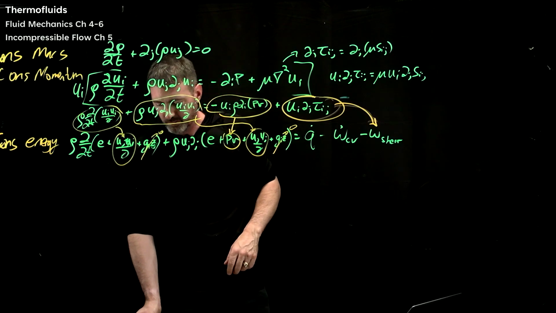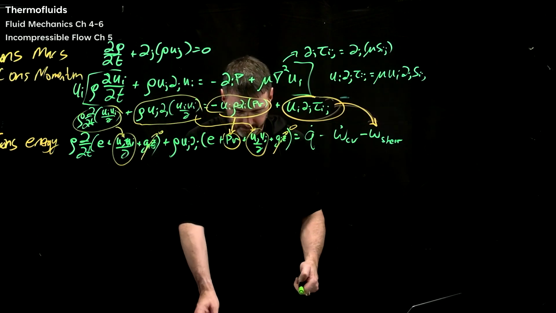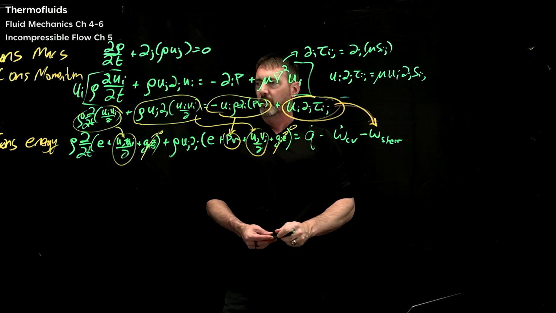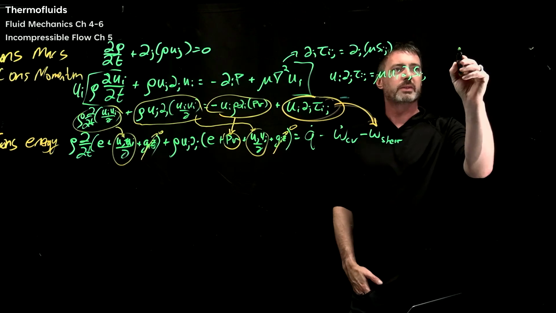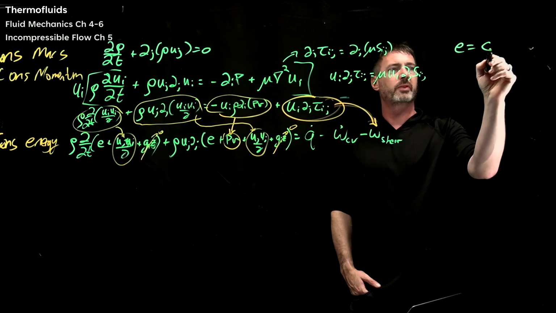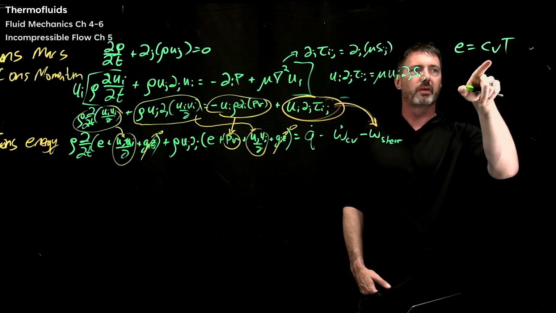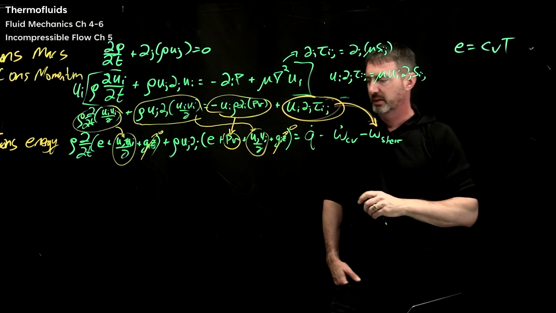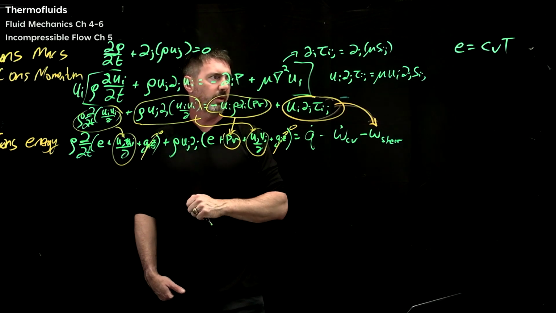And so what you're left with then, what happened to my green? There's my green. What you're then left with, and the final step, I'll write it over here, is remember that E is equal to CvT. And we've talked about that a few times. That's the specific heat coefficient times temperature.